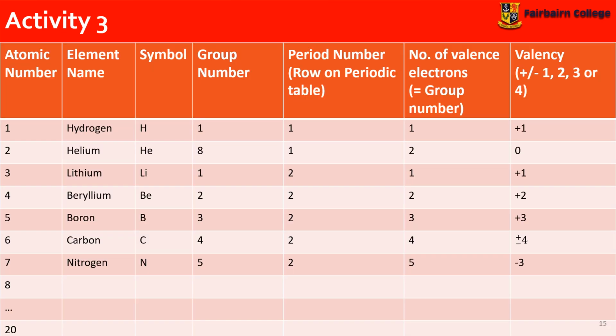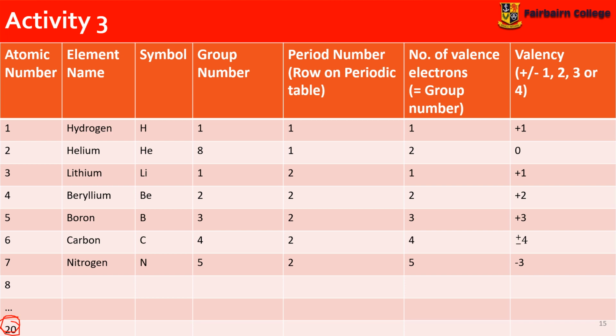Then the second activity you have to do is draw and complete this table of the first 20 elements of the periodic table, and you have to fill in all of this information. But all of this information is very simple to get, and I've done the first 7 for you so that you can see the pattern that it follows.